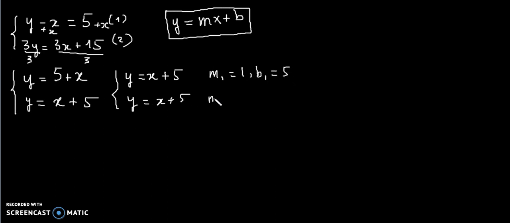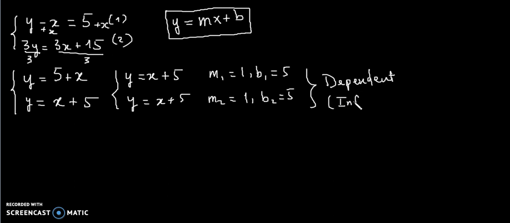The same thing here, m2 equal to 1, b2 equal to 5. So what happens if I have the same slope and the same y-intercept? I would have a dependent system, or infinitely many solutions.